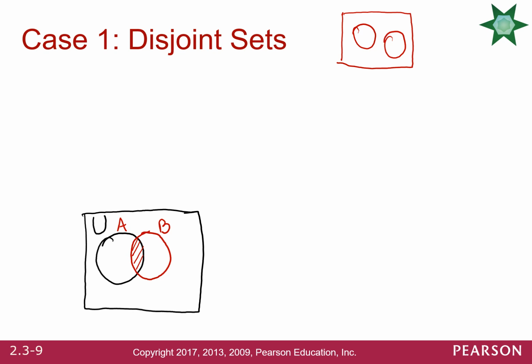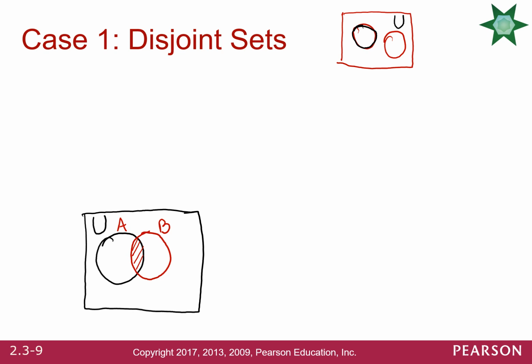So the rectangle had the set of universal elements, and then we saw two circles, but they were not connected. All right, they were not overlapping. They were two separate circles. So that told us that there were no common elements in the two sets.